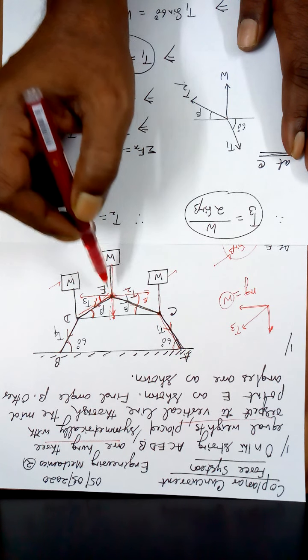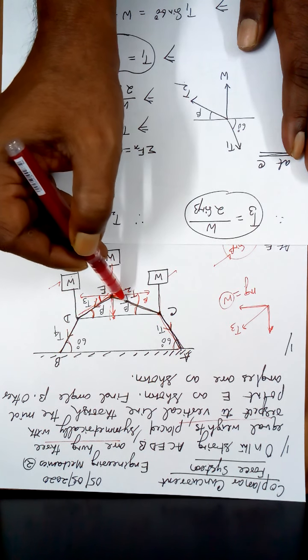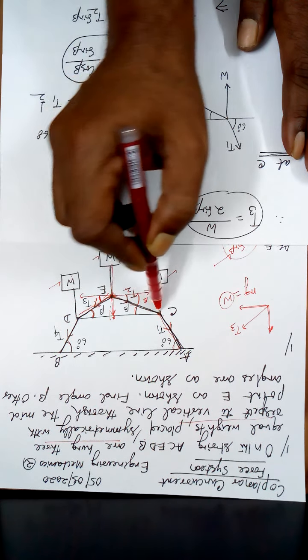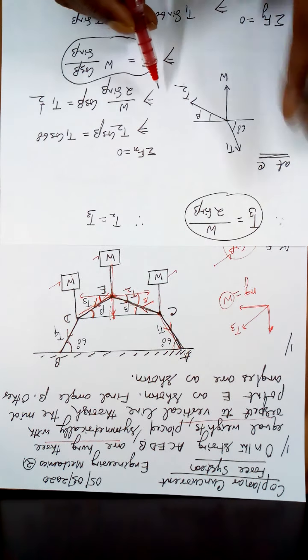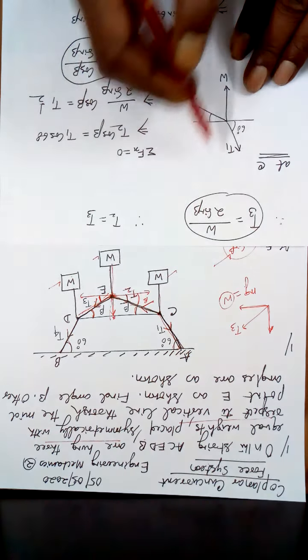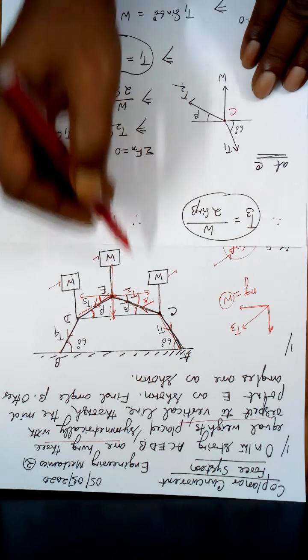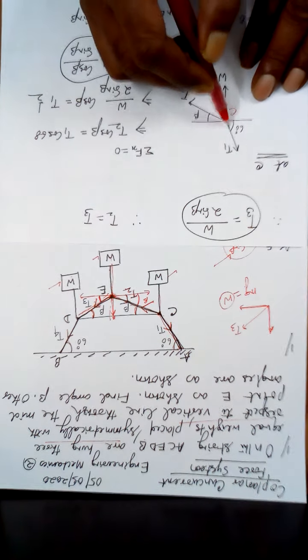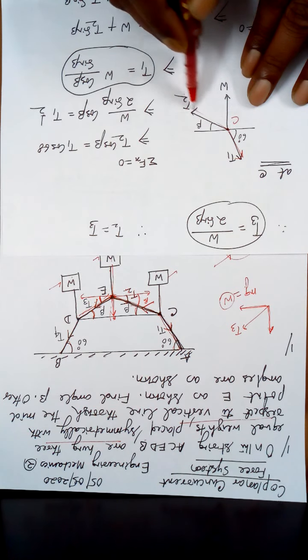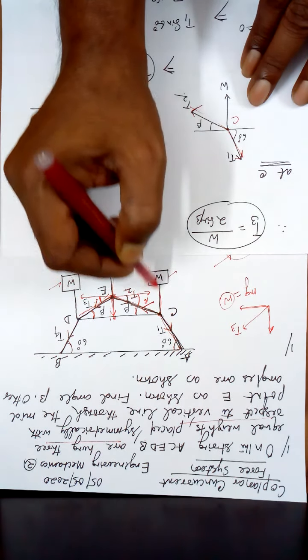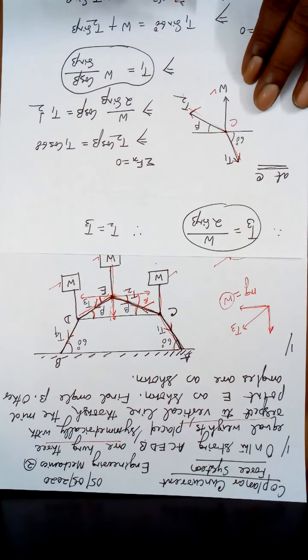For this point, for this object, T2 is to this side. So this point C is same thing as this. This is your T1, this is your T1, this is your T2, same string, same tension, and this is your W.